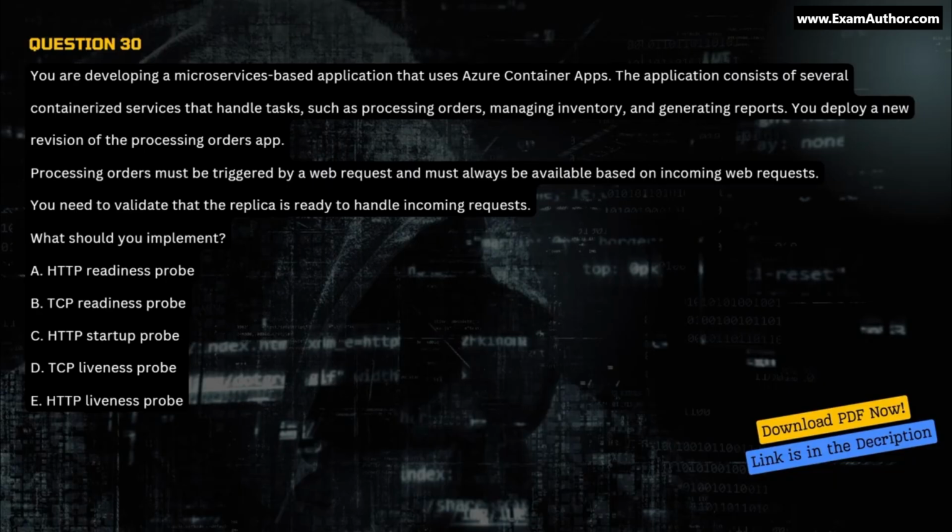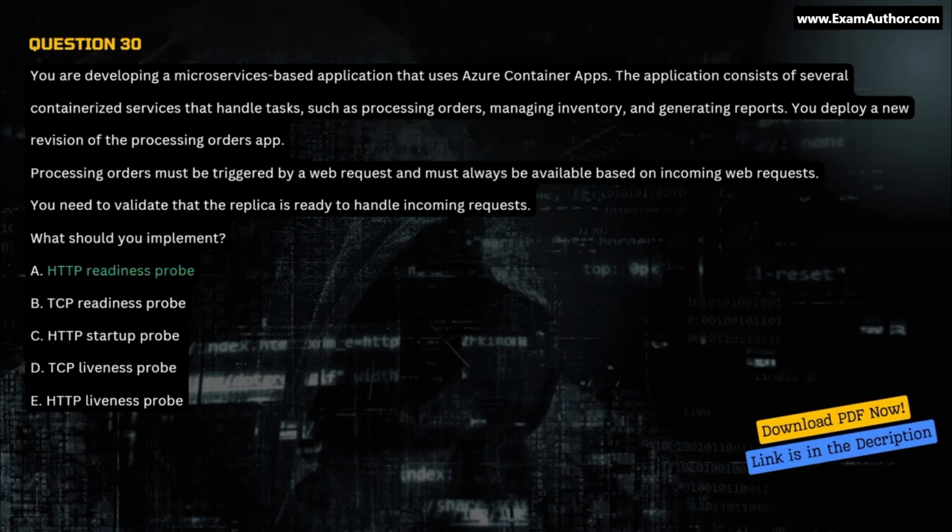What should you implement? A. HTTP Readiness Probe. B. TCP Readiness Probe. C. HTTP Startup Probe. D. TCP Liveness Probe. E. HTTP Liveness Probe. Correct answer A. HTTP Readiness Probe.